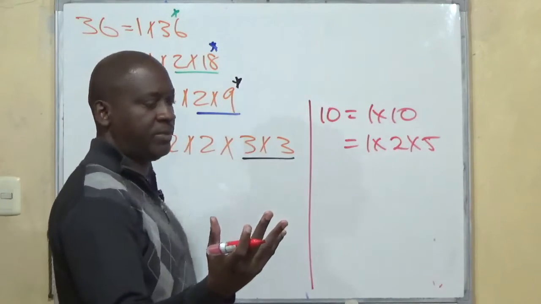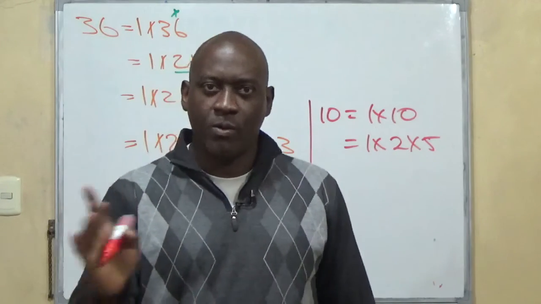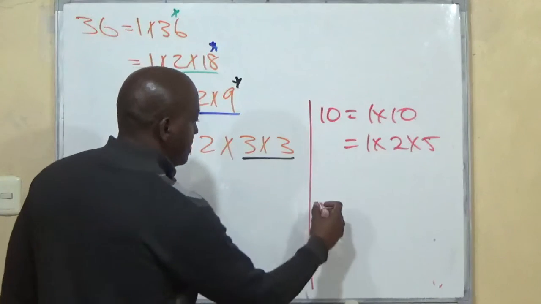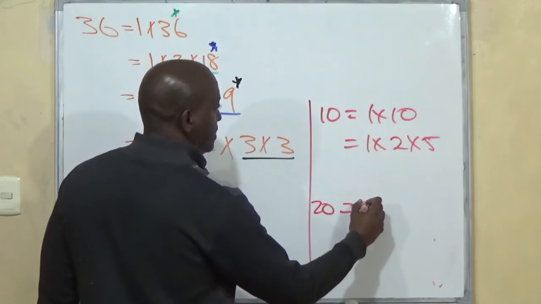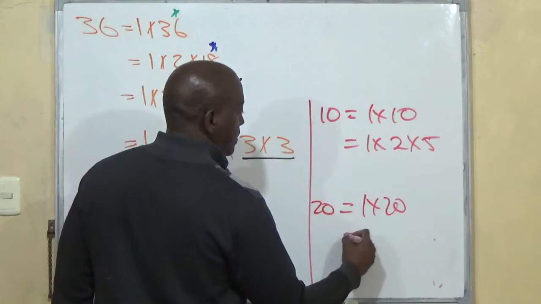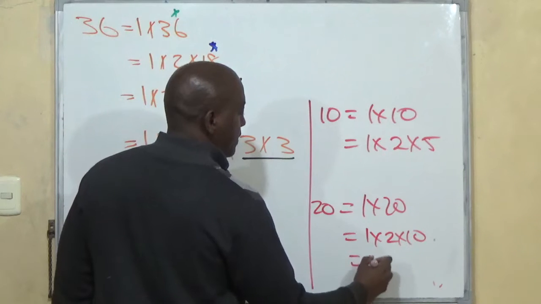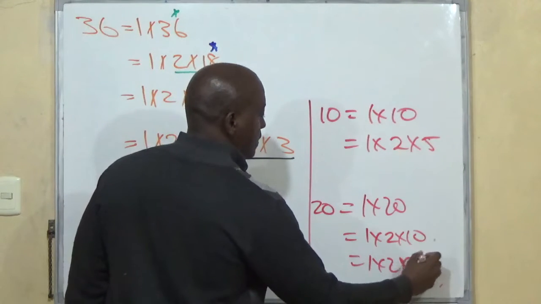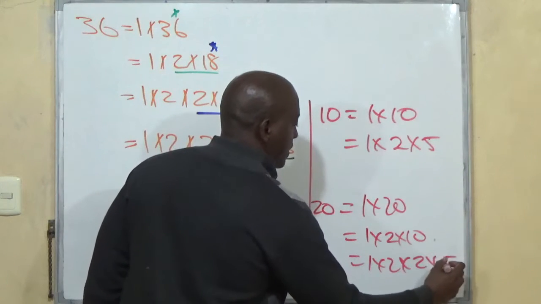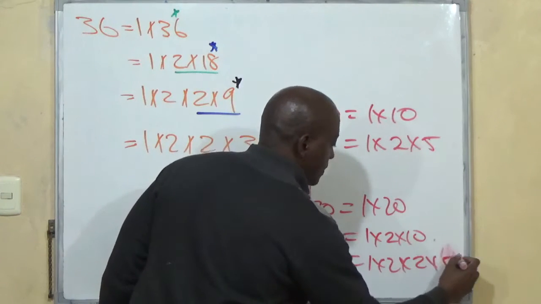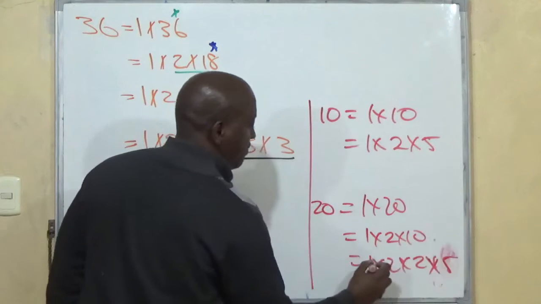Well, except 20, because 20 is 4 by 5. Let me do 20 just to drive the point home. Consider 20. 20 is 1 by 20. 20 is 2 by 10. 10 is 2 by 5. Alright? So 1 by 2 by 2 by 5 is 20.